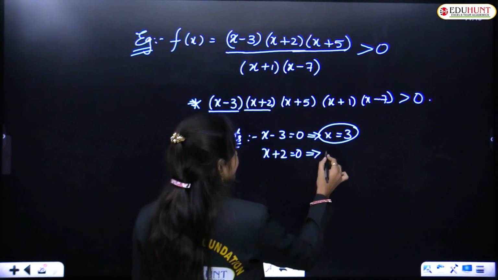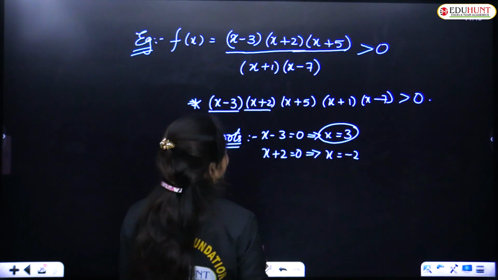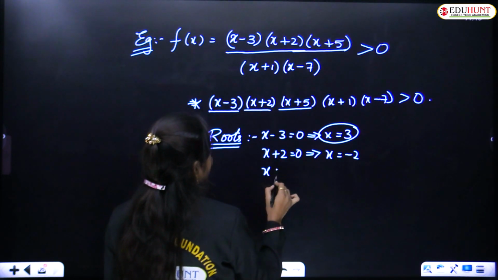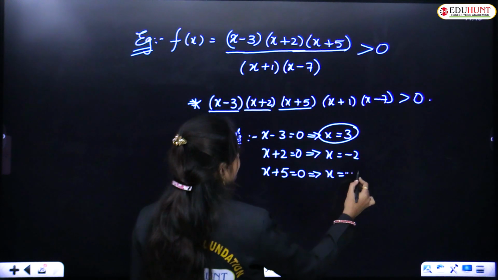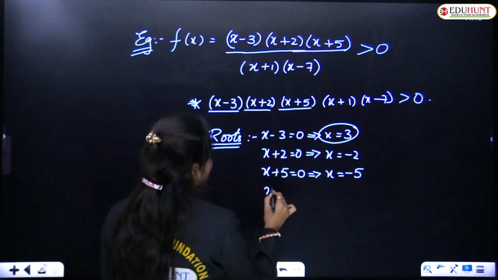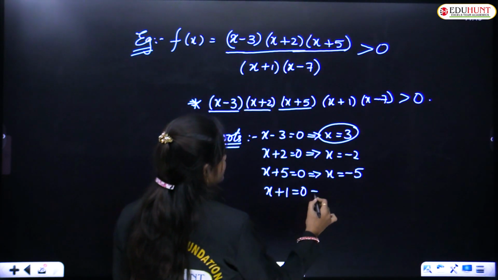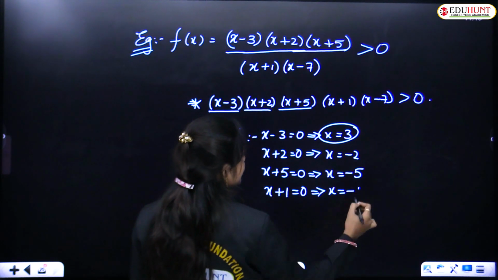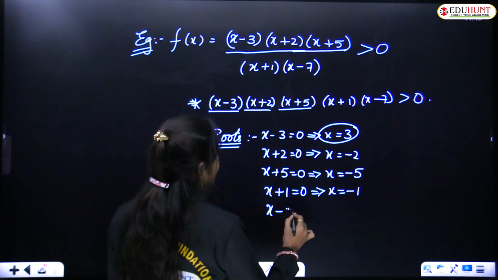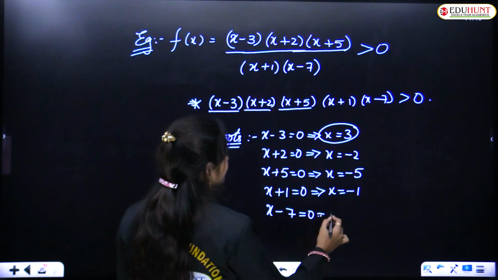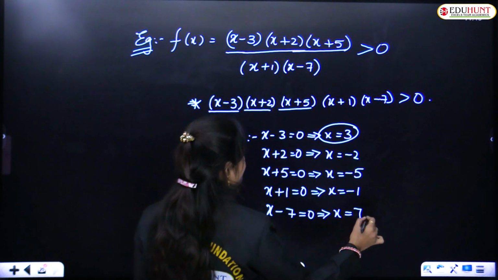So from this one x is equal to minus 2 and here x plus 5 is equal to 0. So from this one x is equal to minus 5. Next, x plus 1 is equal to 0. So x is equal to, yes, tell me the answer, that is minus 1. And here x minus 7 is equal to 0. So from this one x is equal to 7.